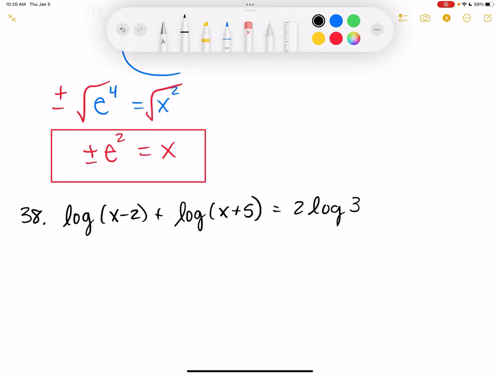I feel that we can add the two logs together because they both have an x. What rule allows us to do that? It's in the last section. You had homework on it. Is it the product rule? Yep, but I have the reverse of it, so how should I rewrite it? So log of x minus 2 times x plus 5.